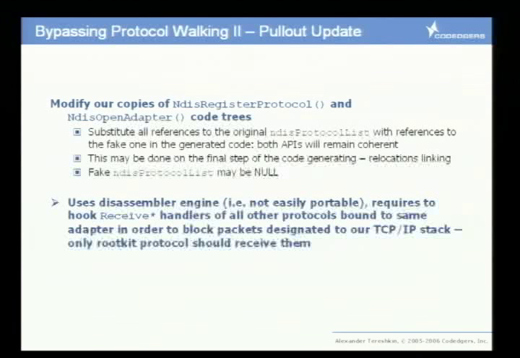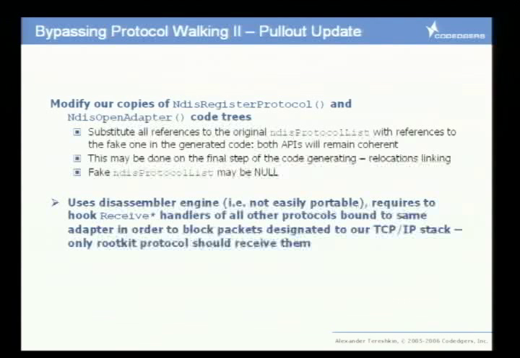The second approach is about modifying our copies of NDIS register protocol and NDIS open adapter. So they will look just like the original functions, but our copies of these functions will address a different list head of the protocols, which will result in registering a protocol into a different list.